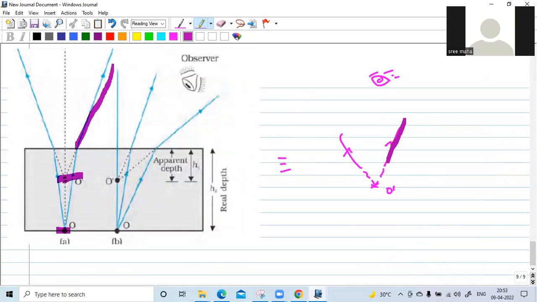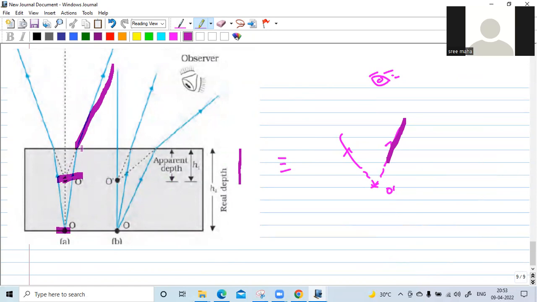Yes, sir. Okay, so that's why it's as if the object is kept here. So the object is at a shorter depth. I will assume that the light rays are coming from this point. Actually, the light rays are coming from here, bending and coming here.